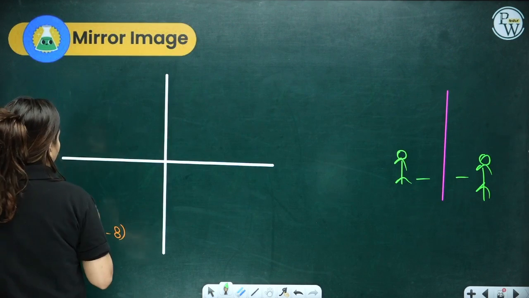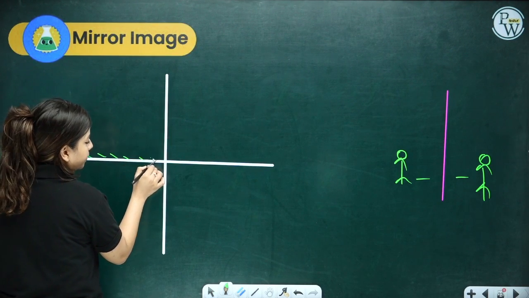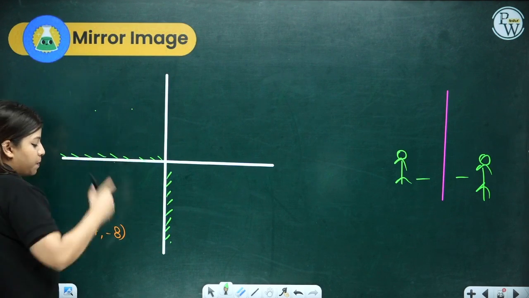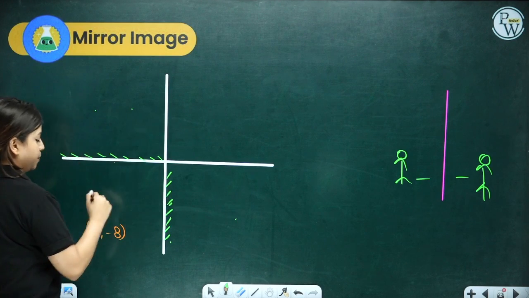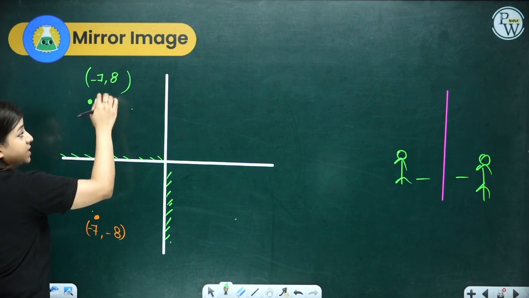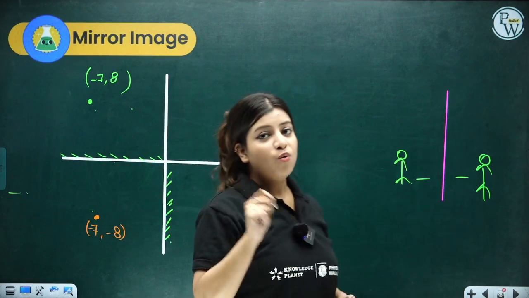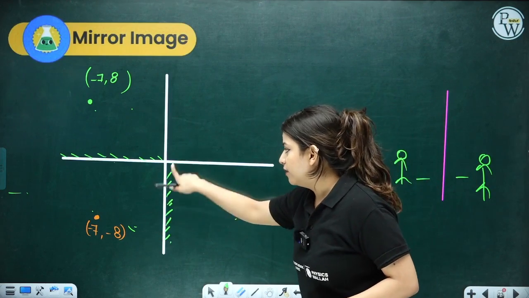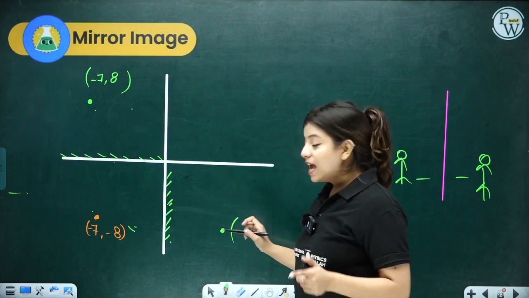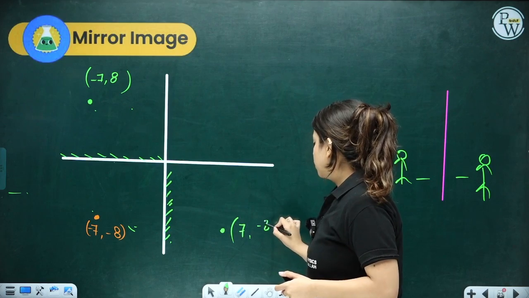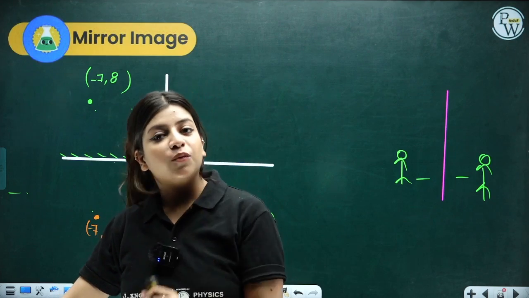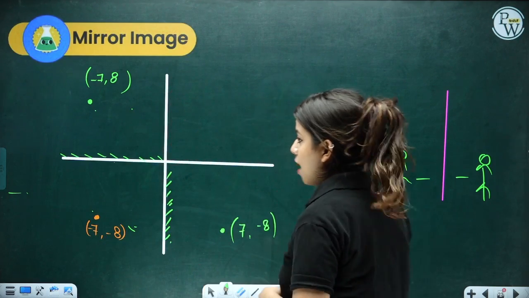So basically we have to take both lines acting as a mirror, this line also and this line also, because this point can be reflected from this part and can also be reflected from that part. So reflecting over here gives (-7, 8), as it is in the second quadrant, so x will be negative and y will be positive. Now this is in the third quadrant; if it is reflected from the y-axis, it will come over here, and in this quadrant x is positive and y is negative. So you can show the reflected mirror image in both quadrants if it is not specified which particular axis is acting as a mirror, right?